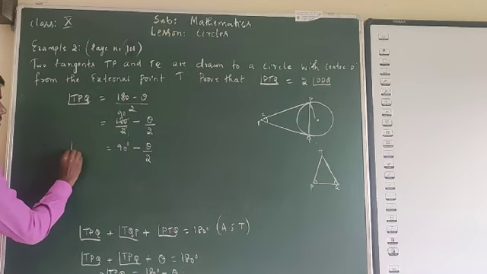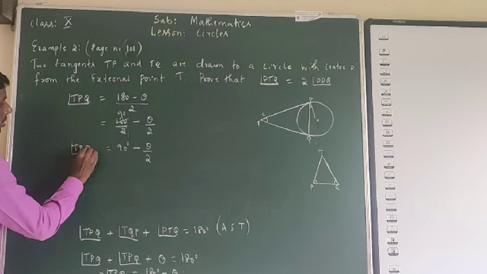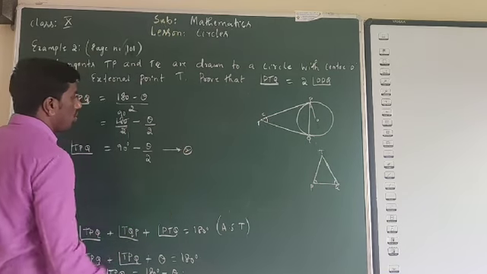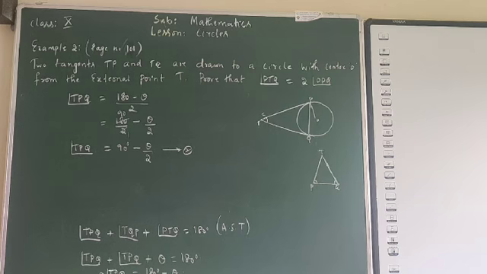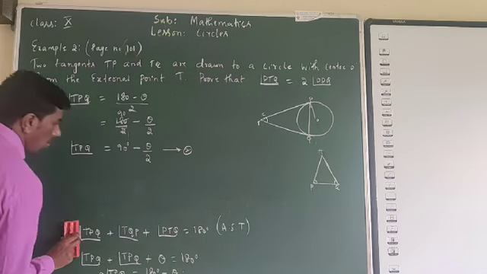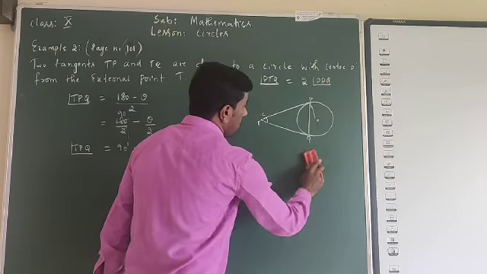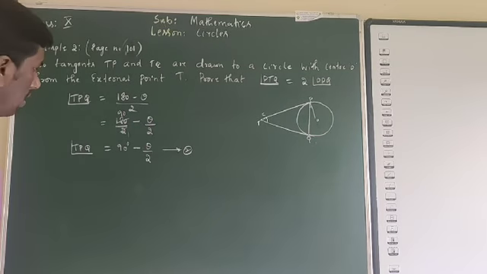In the LHS I have angle TPQ. Call this equation 2. So angle TPQ is equal to 90 degrees minus theta by 2. So whatever equation we are getting, we'll write it.